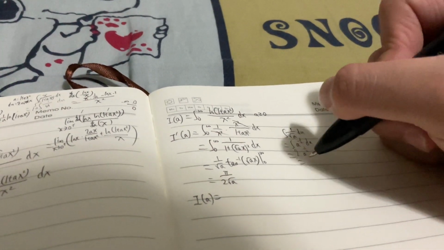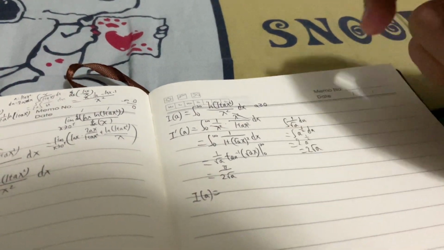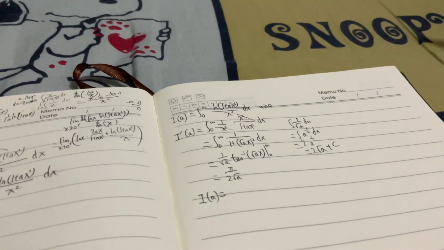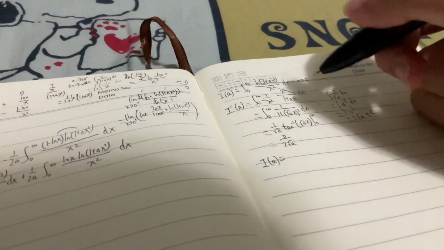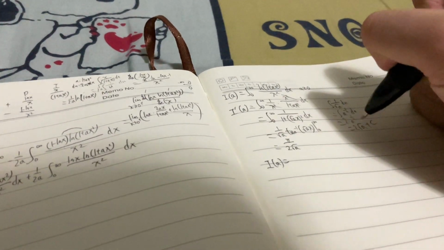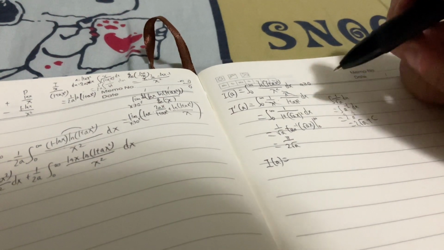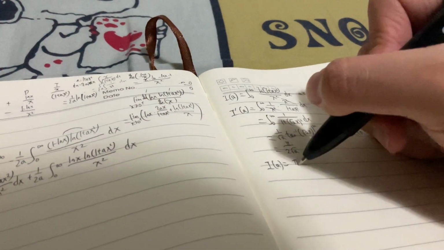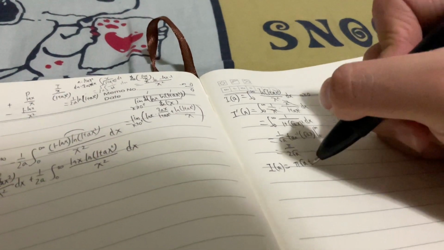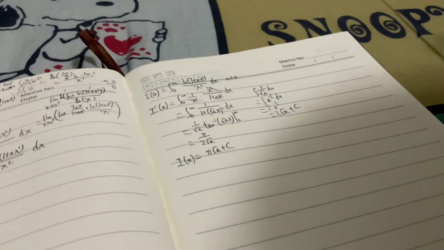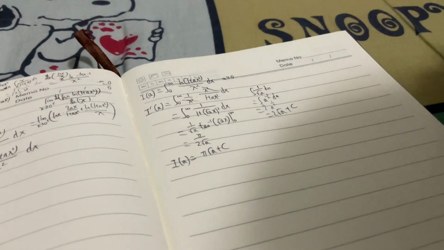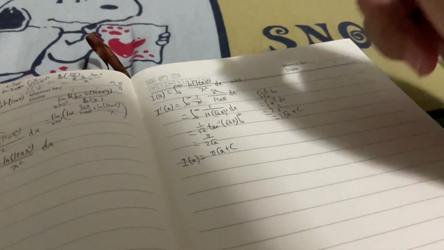And we can write this as 2 times square root of a. Let me just add a plus c. So you get pi over 2 times 2 times square root of a, which is pi times square root of a plus c. Don't forget about the constant, because the constant is not always going to be 0.